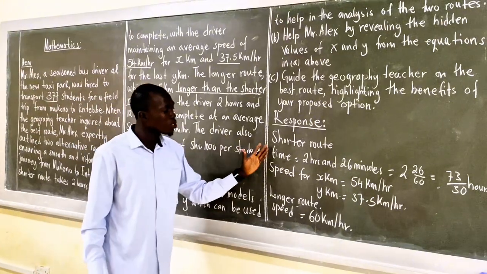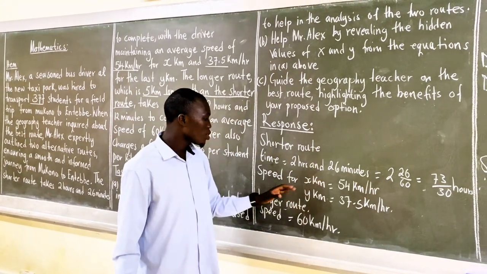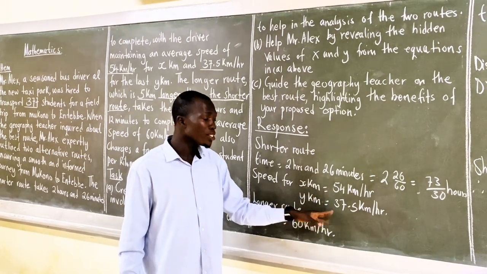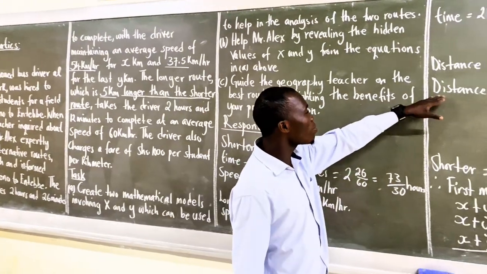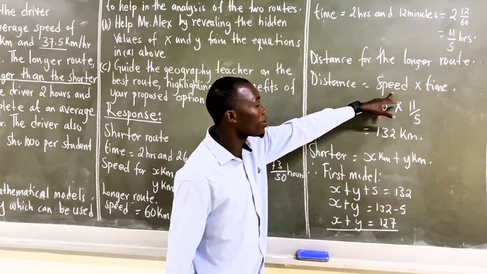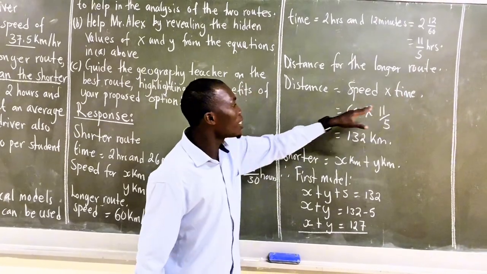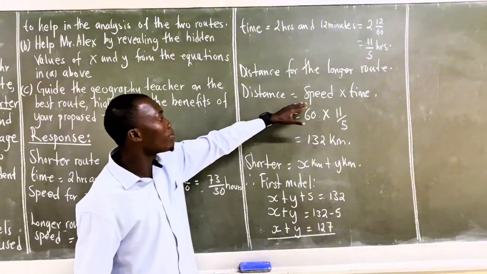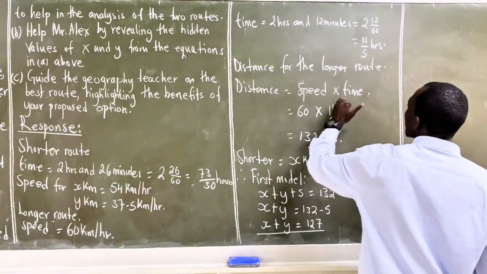Remember, from the shorter route here, what we have is the time taken, and we also have the split distances x and y kilometers. So from still this formula, distance is given by what? By speed multiplied by time. We can still get now what? The time by dividing through by speed.